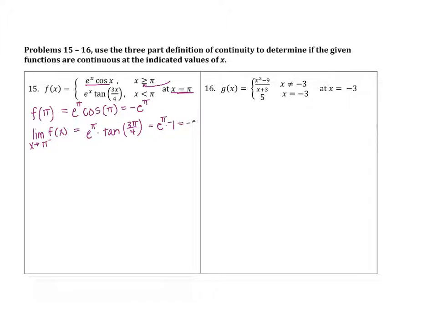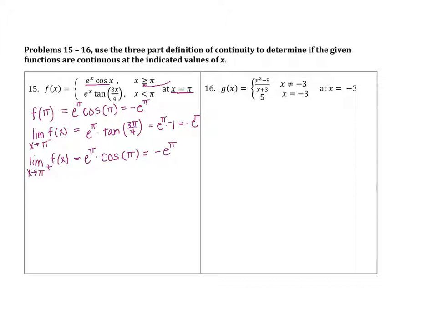So here we have negative e raised to the pi. Now we have to look at our limit as x approaches pi from the right. And notice that's going to be the same function that we plugged into at the very beginning, and that happens quite a bit. So we're going to have again e raised to the pi times cosine of pi, and we see that works out to be negative e raised to the pi.